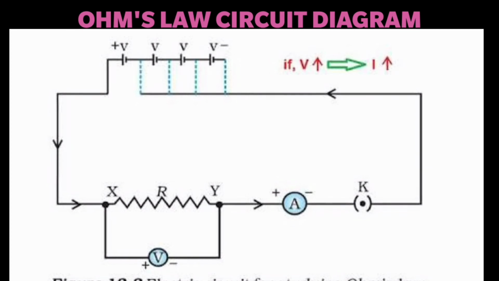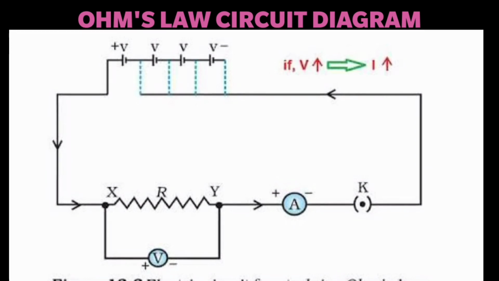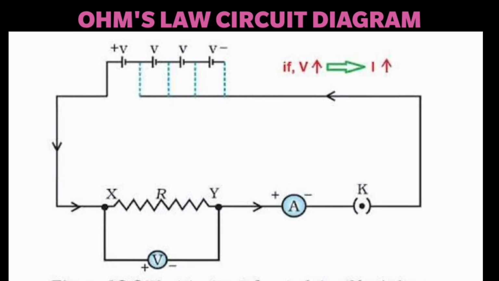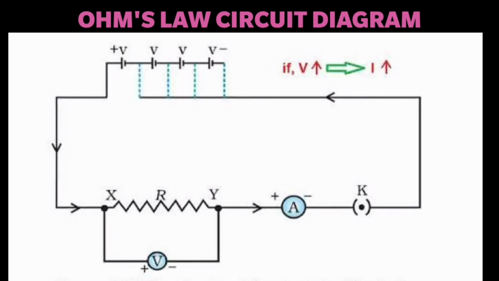Here's the circuit diagram, which represents that the cells are connected in series to the switch, ammeter and the resistance, and the voltmeter is connected in parallel.